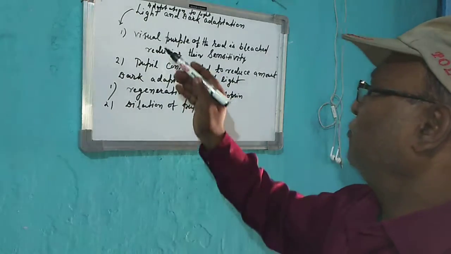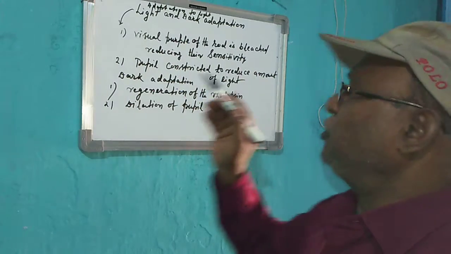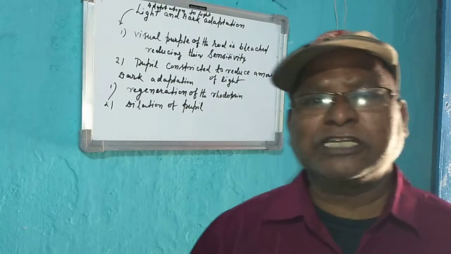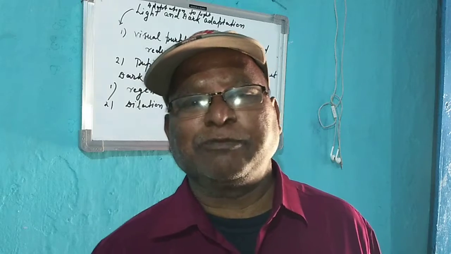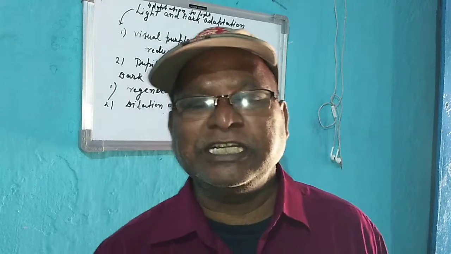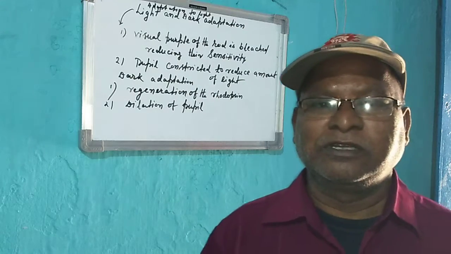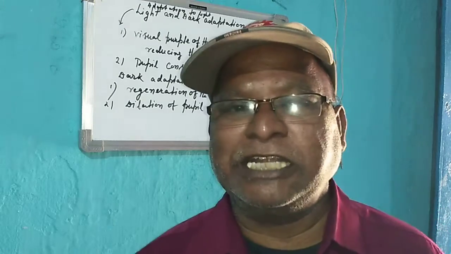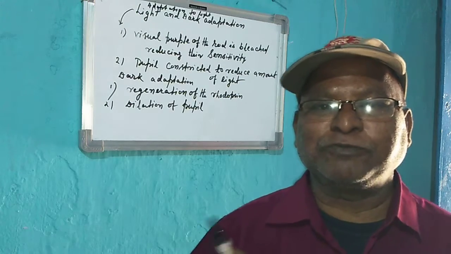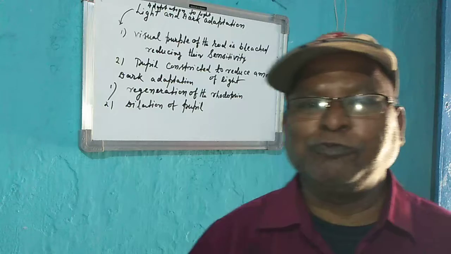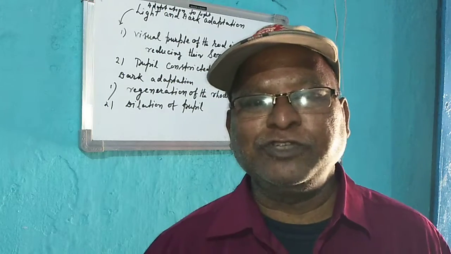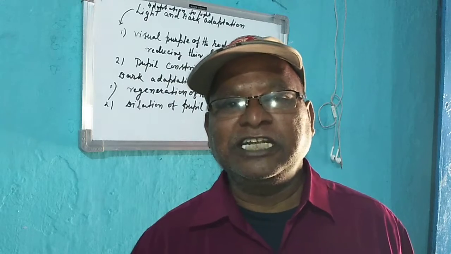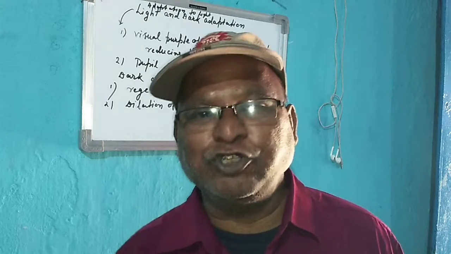The visual purple of the rod is bleached while we are coming to the brightly lighted area from the dark room. Visual purple means rhodopsin pigment, which was functioning in the dark room, but as we go to the brightly lighted area, the rhodopsin pigment bleaches, which reduces the sensitivity of the rod cell. Hence we feel difficulty to see objects.